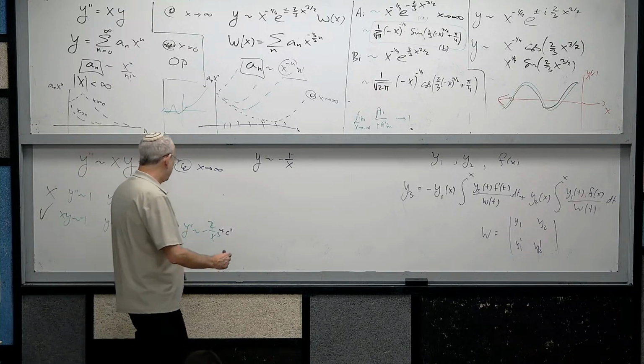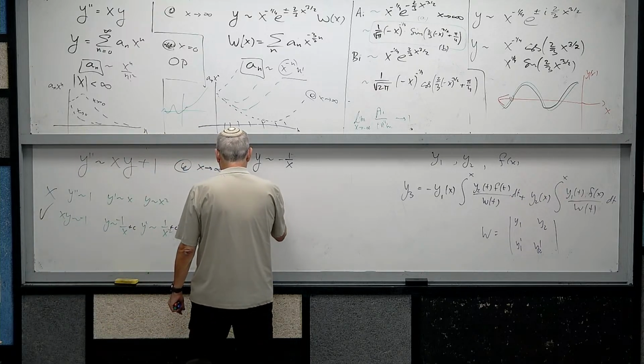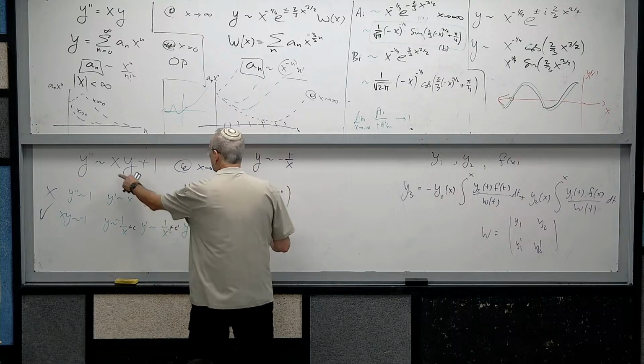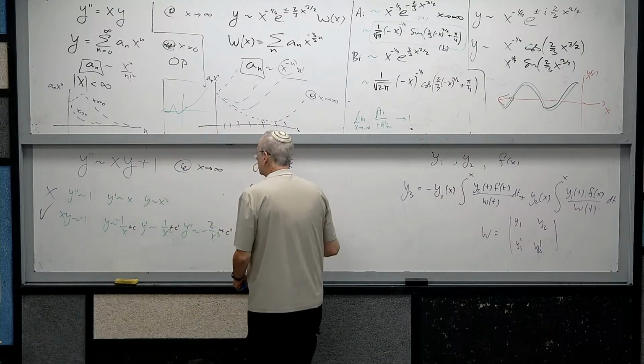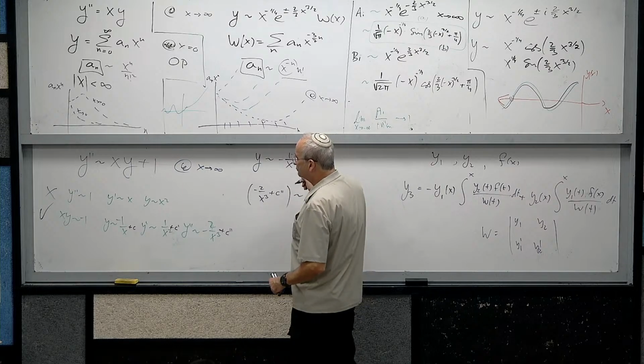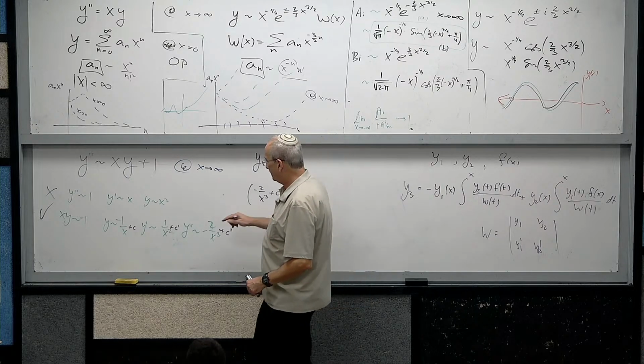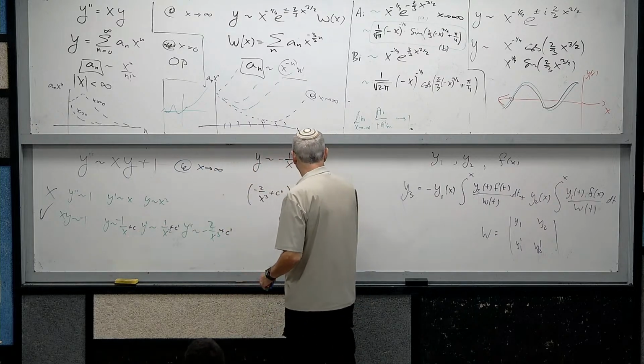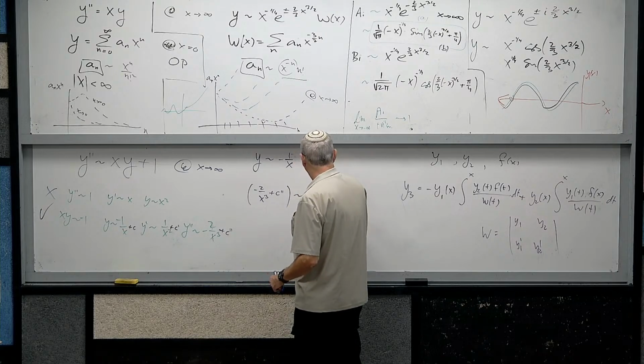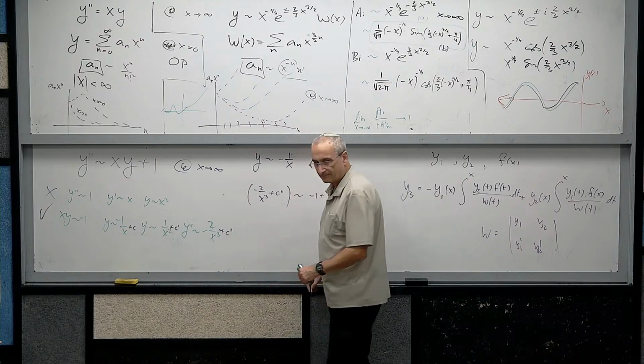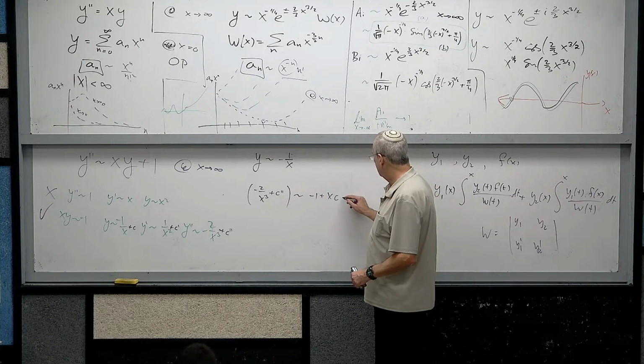So what I will get is minus 2 over x cubed plus c double prime, which is asymptotic to xy. So this is minus 1 plus c plus xc, okay, plus 1.